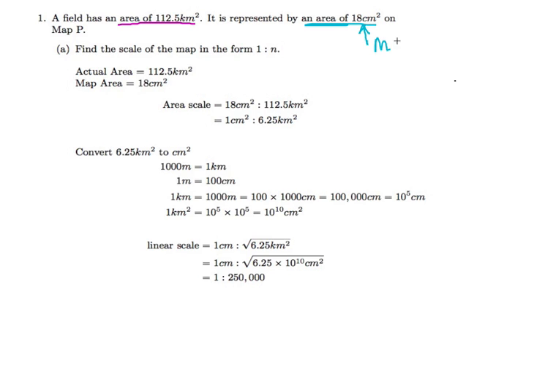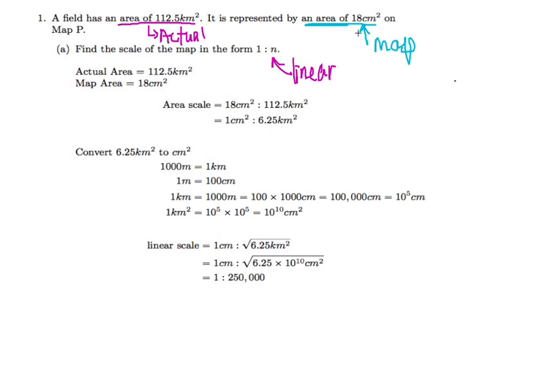So this is the map one, and this is the actual. So they want you to find the scale. As you can see, this one here is the linear scale, it's not area scale. If they give you an area scale, it's easy. But they give you an area and want you to find the linear scale.